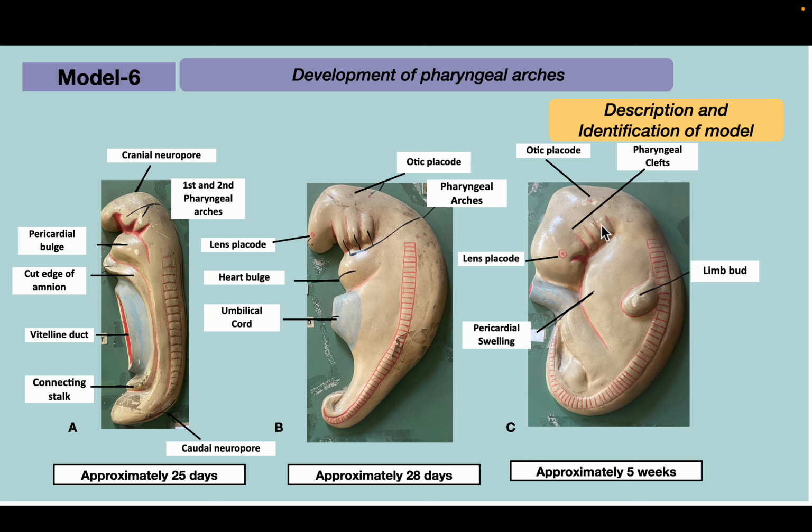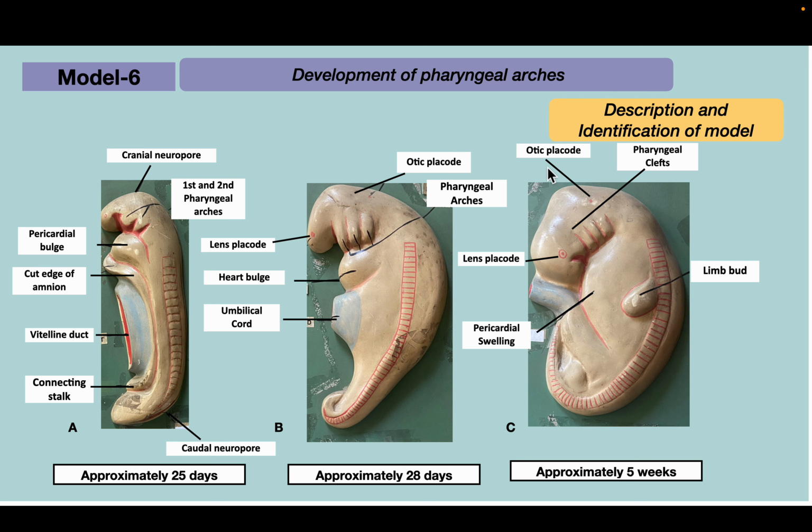Then pharyngeal clefts, lens placode, limb bud, and pericardial swelling are visible. These are the labelings of the structures visible in this model of the development of pharyngeal arches. Whatever structure is visible here, a question can be asked on that.